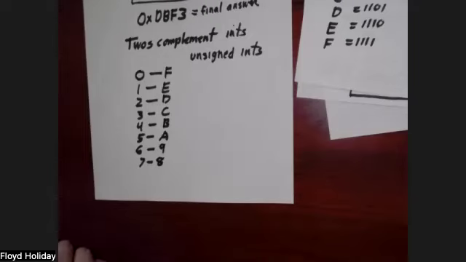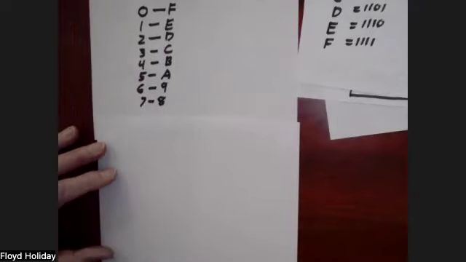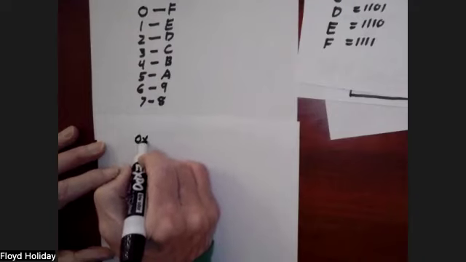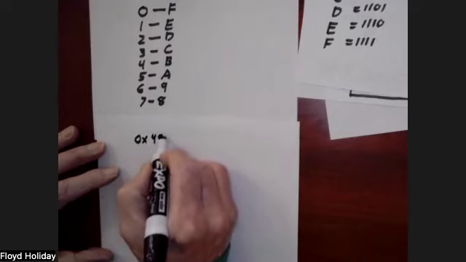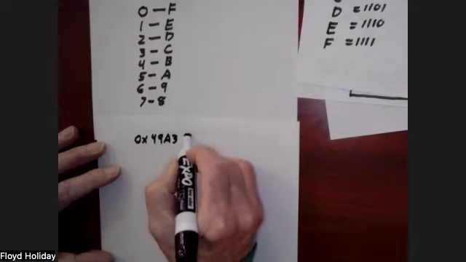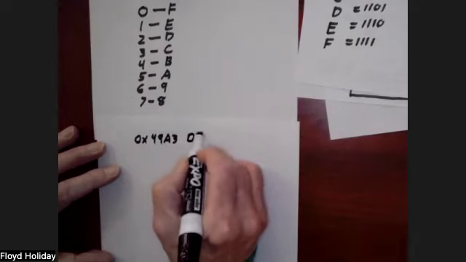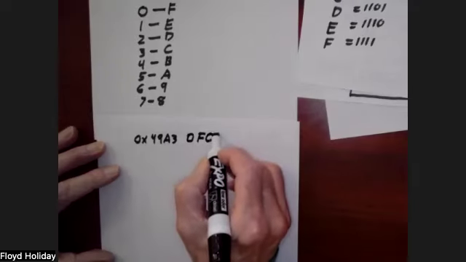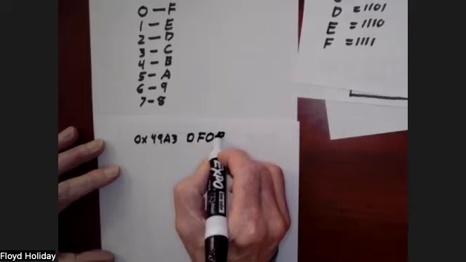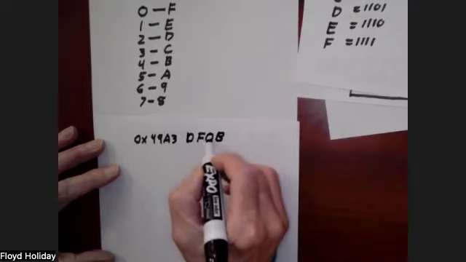Well, let's suppose you have a hex number. 0x, then a D, and this one's a 0.